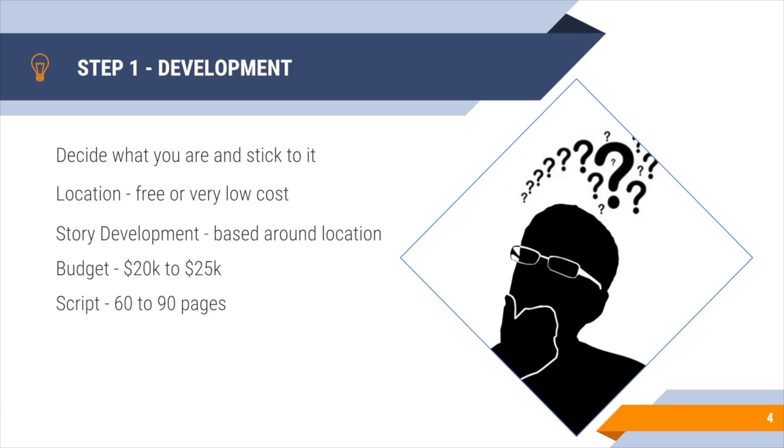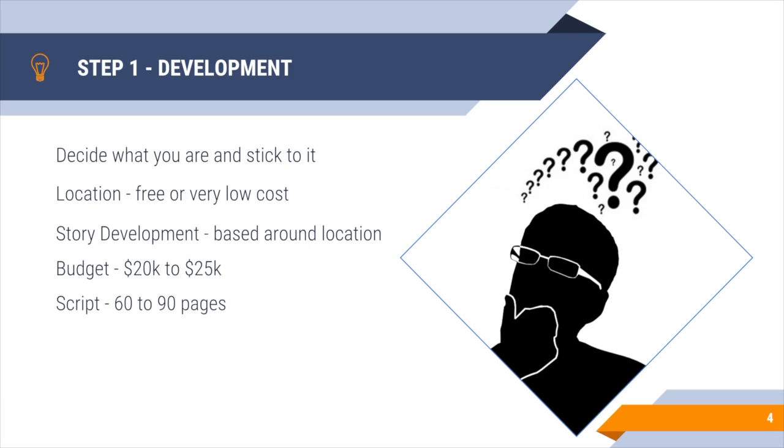So if you don't have the money for 90 pages, then you can go 60, 70, 80 minutes and still have a great movie, and no one will consider it a short film. You want to get out here and make features.